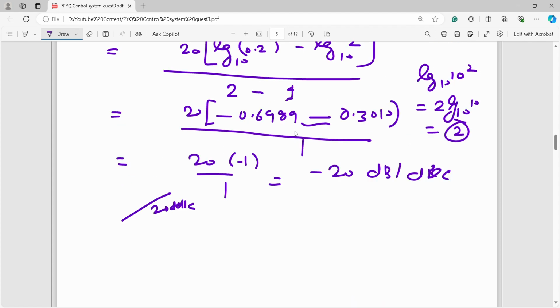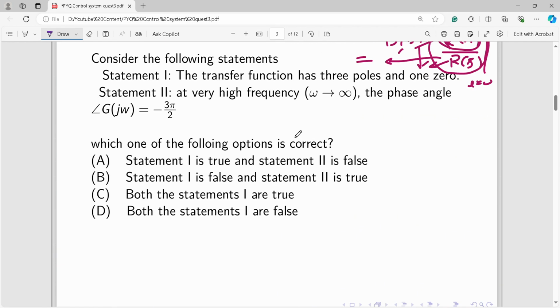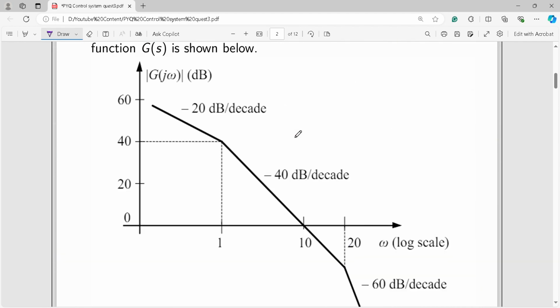So here you can see in our magnitude plot, the initial nature, like they have given minus 20 dB per decade. So you should understand that this is caused by the pole.